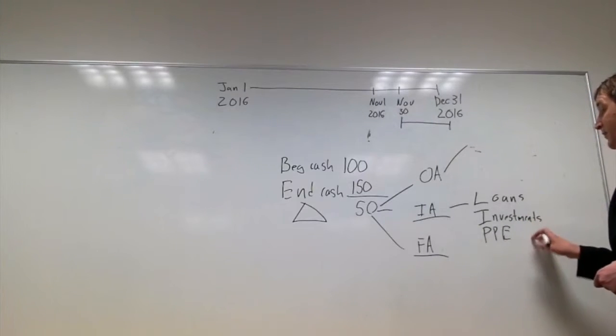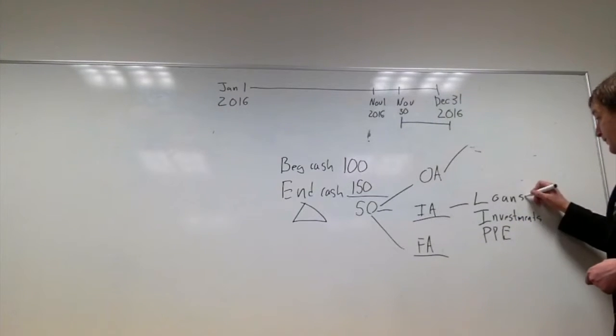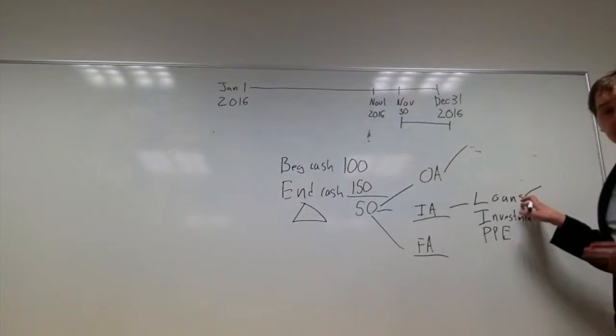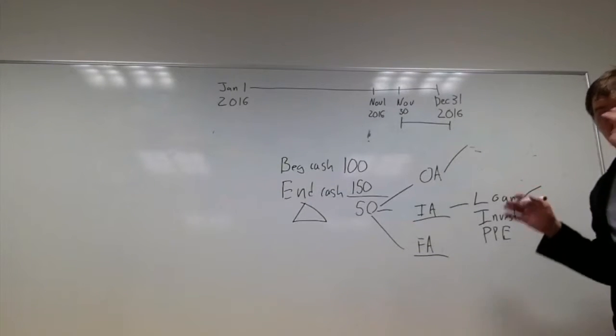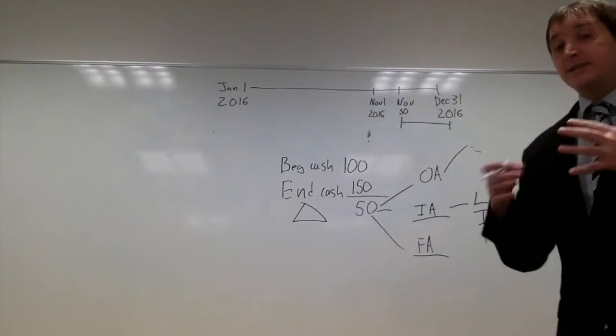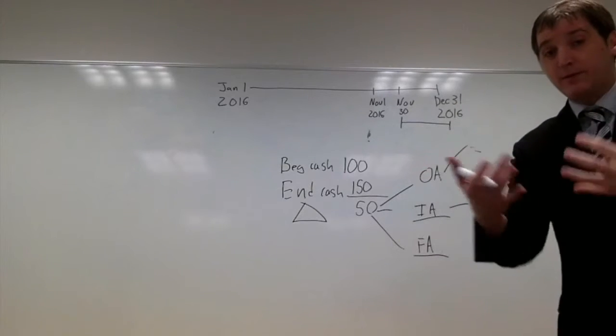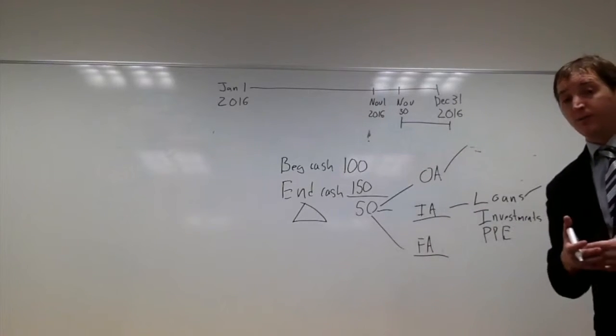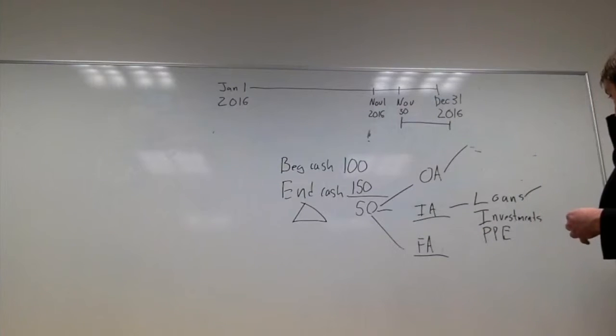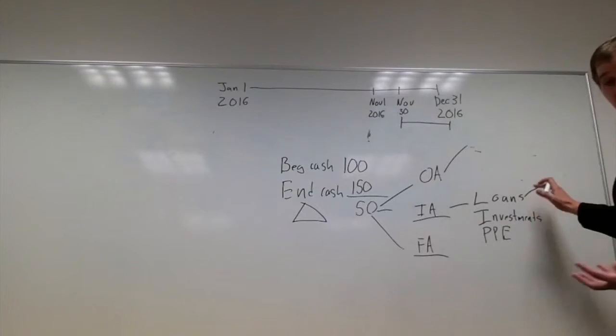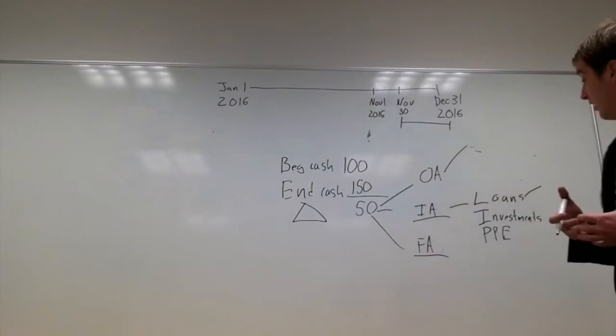Loans, investments, and PP&E. So, this isn't money that we're borrowing, but this is money that we're lending to other people. Okay? So, this is going to be all of our notes receivable, all of our long-term lending.